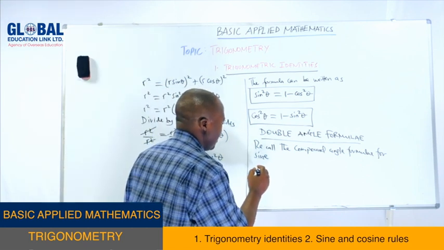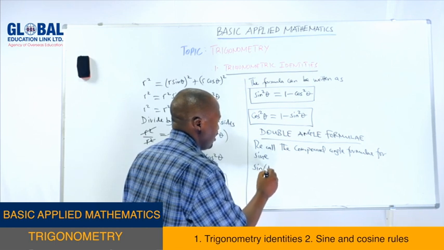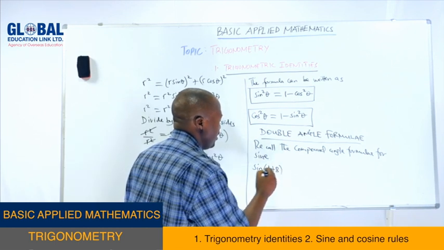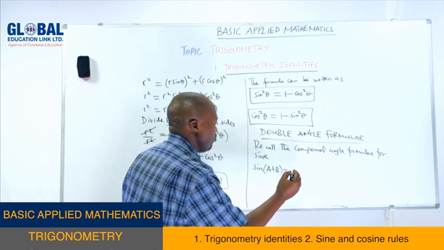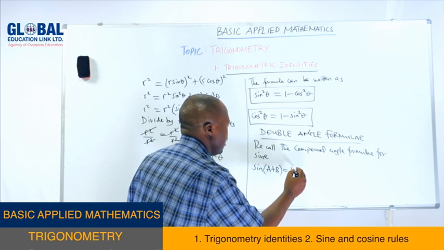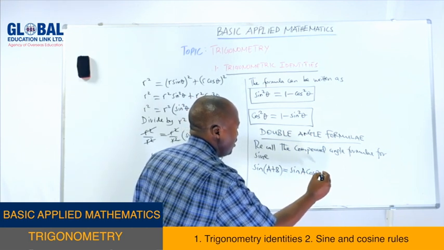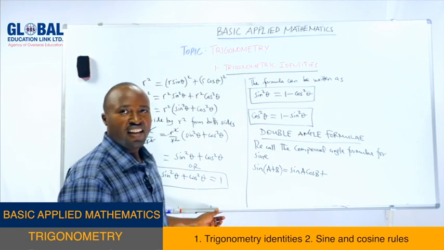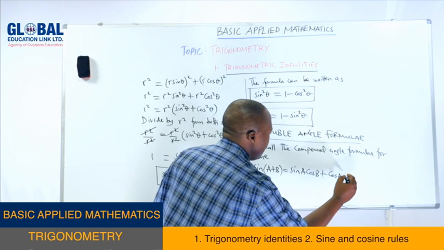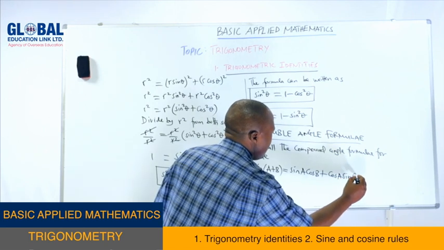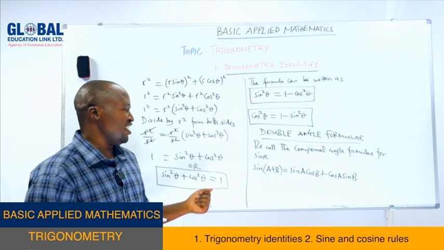That is sine of angle A plus B, I'm sure you remember this, which is equal to sine A cos B plus cos A sine B. That is the compound formula for sine.